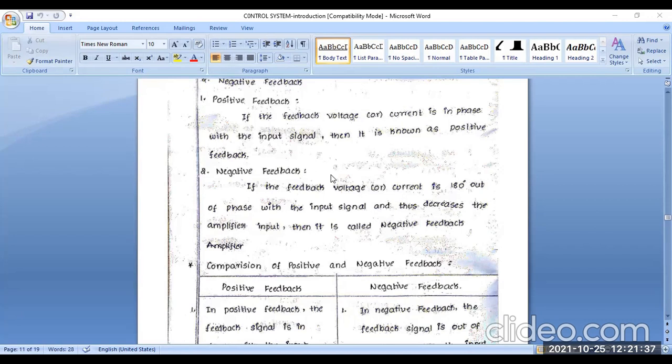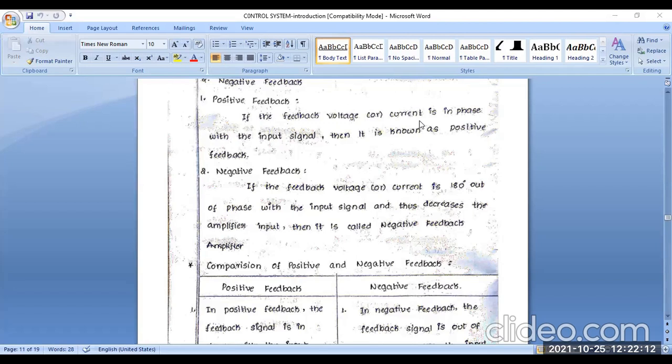And if the feedback voltage or current is out of phase by 180 degrees, it decreases the input signal amplification. Then it is called the negative feedback system.